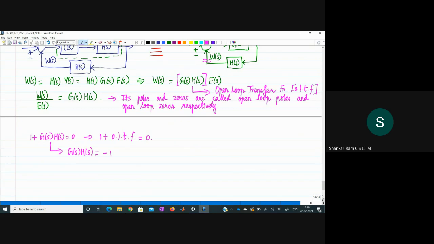If we write g of s h of s equal to -1, what it means is that those values of s, the complex variable here, at which the value of the open loop transfer function becomes -1 are closed loop poles. That's the correct interpretation.